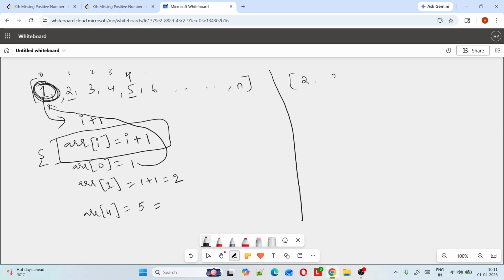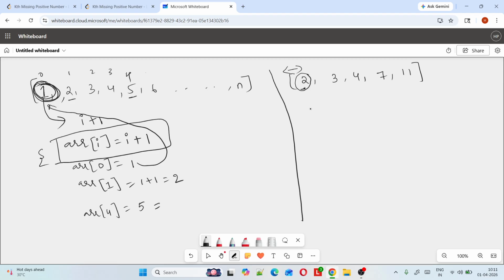Now, the given array is 2, 3, 4, 7 and 11. We have to calculate for each element how many missing numbers are there, that is, the missing numbers before this element.